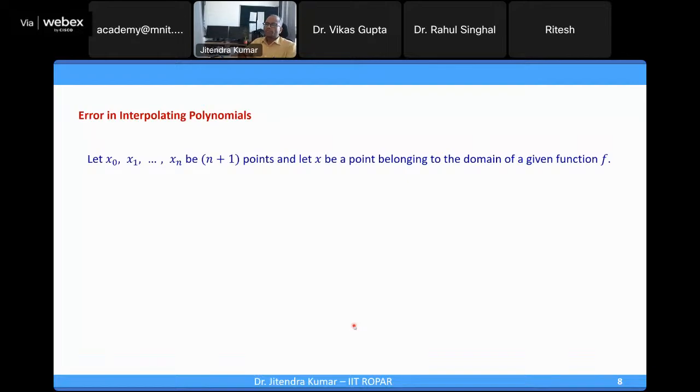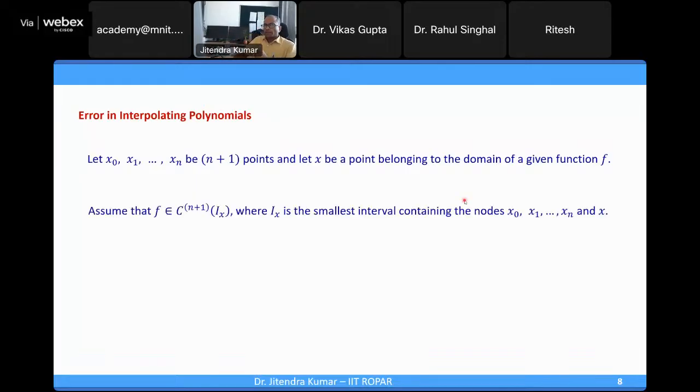So suppose you have these n+1 data points given, and x is a point belonging to the domain of a given function. Assume that this f is n+1 times differentiable, and this Ix, which is the domain here, is the smallest interval containing all these points x0, x1, x2, ..., xn, including x, of course. x is somewhere in between for this interpolation.